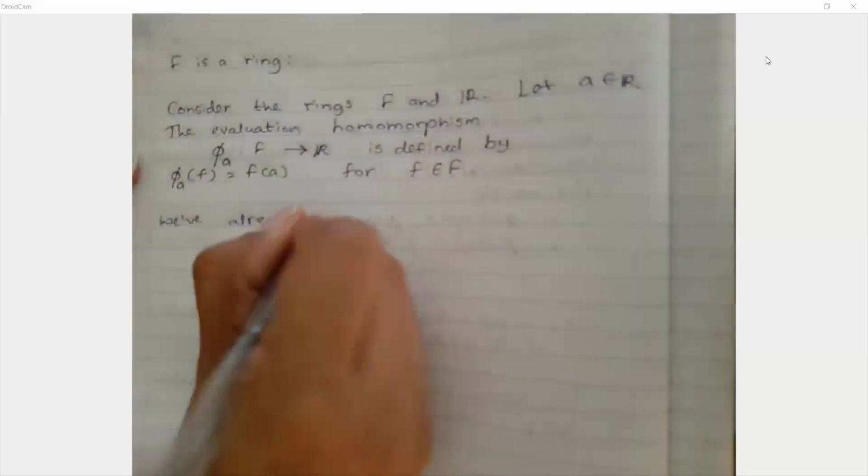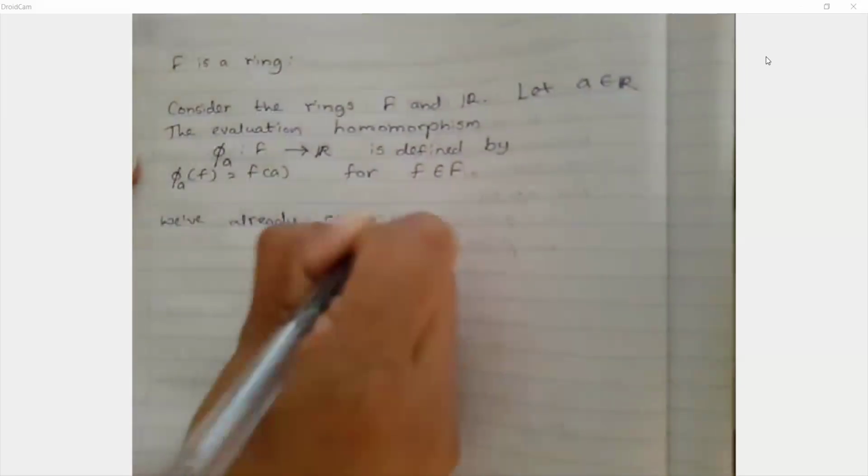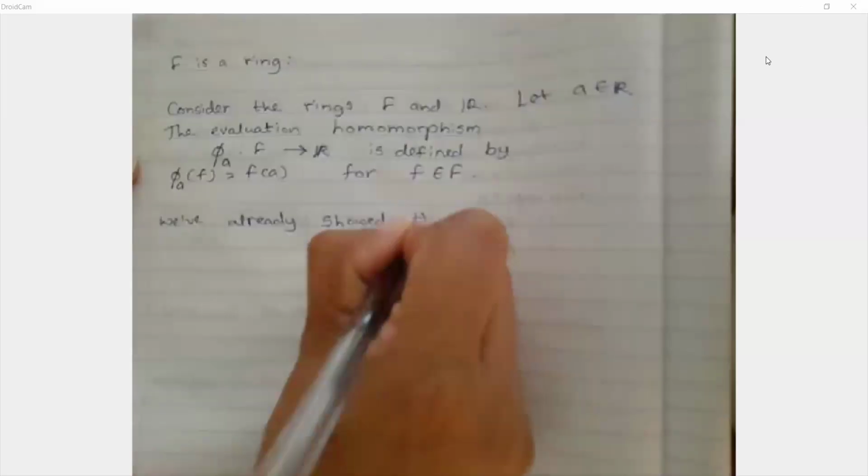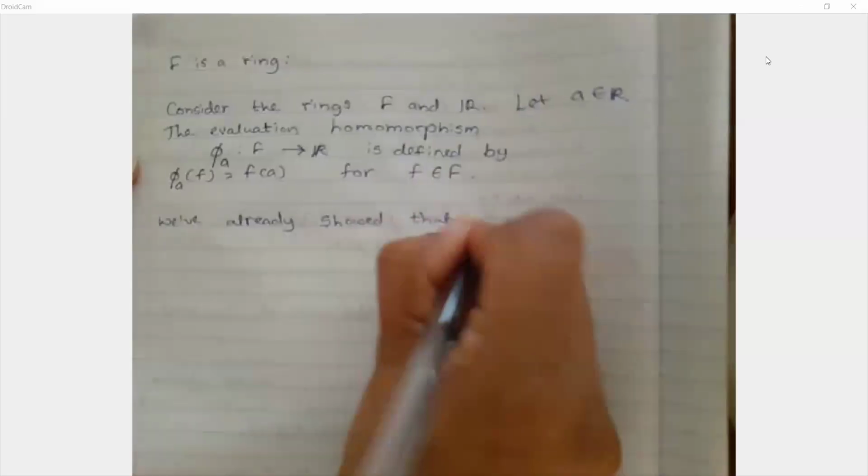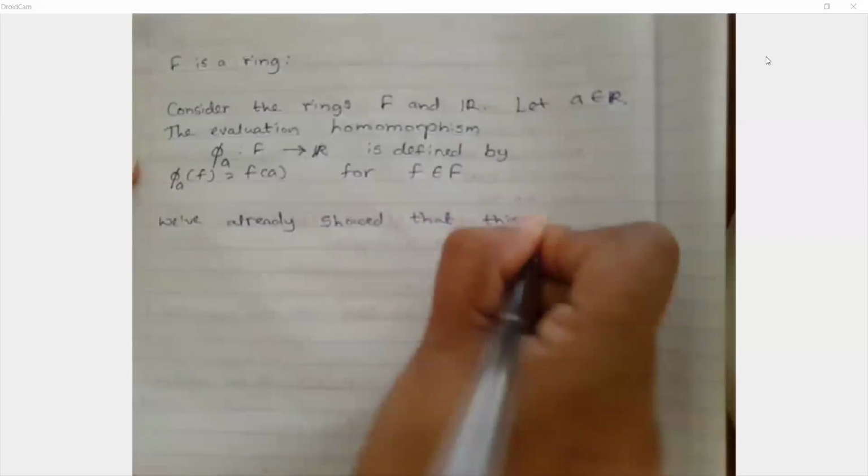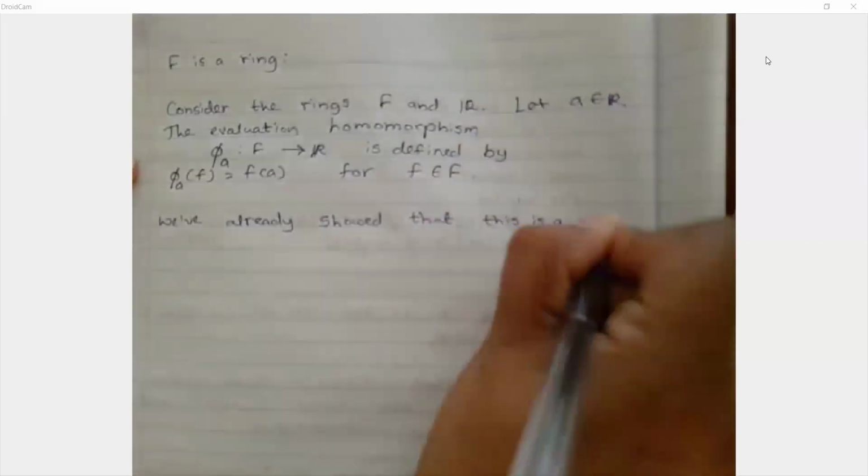We have done this example when we were discussing homomorphisms in group theory. So let me write it out. All right, we've already showed that this is a group homomorphism.